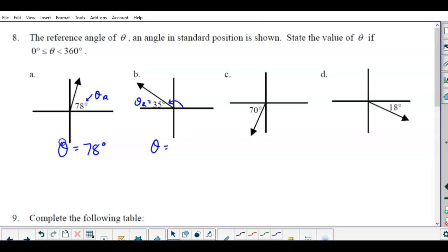So we always want to start from the positive x-axis. Theta is going to be the angle because it says we want to show between 0 and 360, so the positive ones. So that's going to be 180 minus the reference angle.